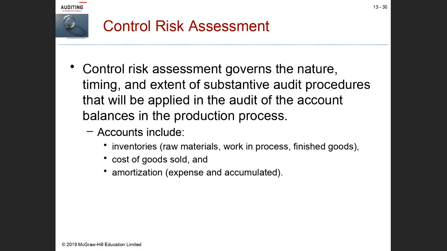Because we know if internal control risk is higher, meaning that the control system is poor, our detection risk has to go lower in order to maintain audit risk at no more than 5%. How do auditors lower detection risk? They would have to do more work to lower detection risk. On the other hand, as we've said before, if control risk is low, control risk is low because internal control systems are strong.